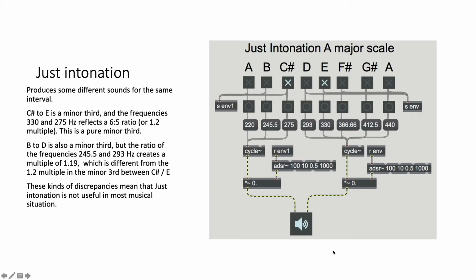So for instance, considering the minor third between C sharp to E, this has a pure ratio of 6:5, or 1.2 multiple. It's a pure minor third.